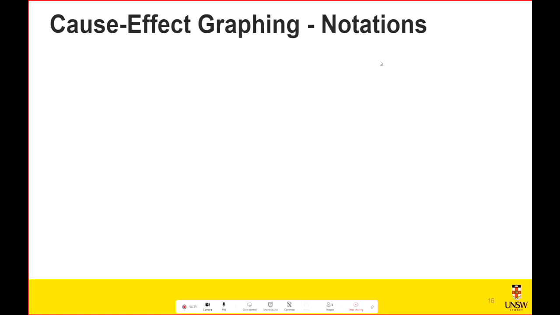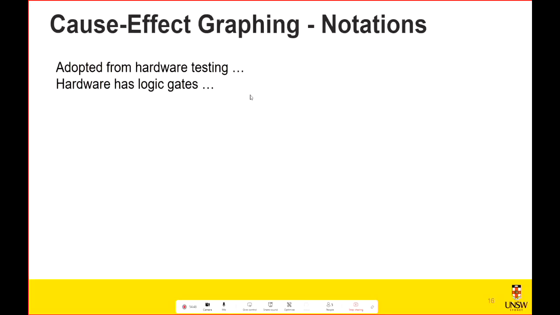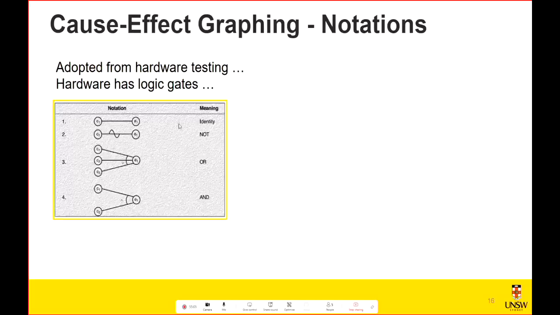As we are talking about graphs, we need to know about the basic components of a graph and what the notations of these basic components are. Remember, I just mentioned the cause-effect graph is adopted from hardware testing, and hardware has logic gates, like AND or XOR, different kinds of gates, or NOT gates.